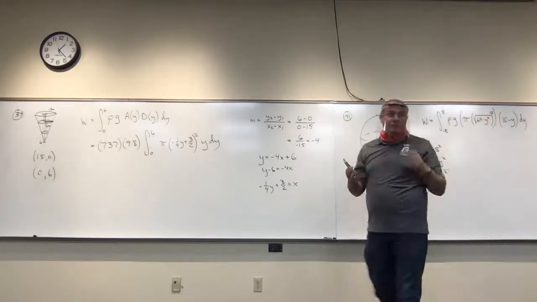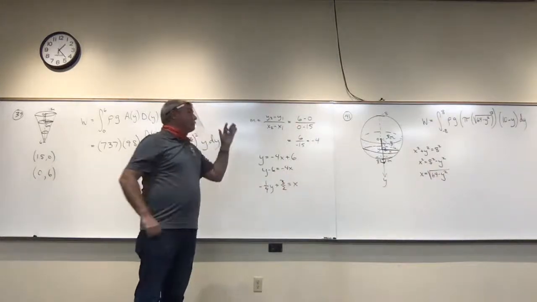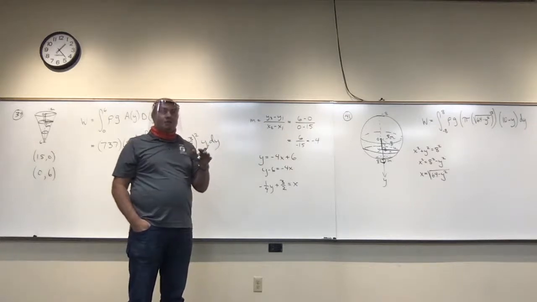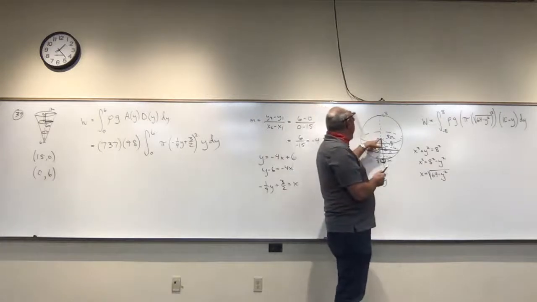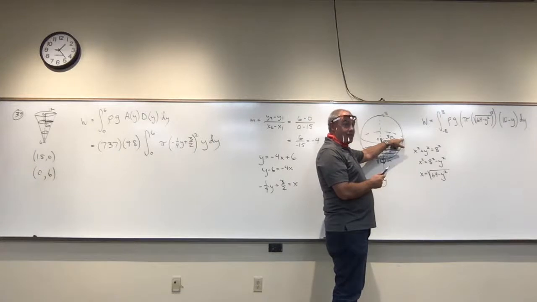It's perfect. The really nice thing about these problems is it's really easy to test if you set it up right. Just plug in, look at it, and say, okay, at 0, the radius should be 8.